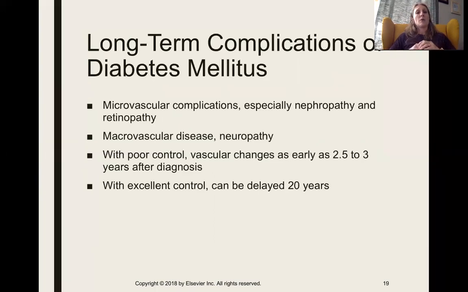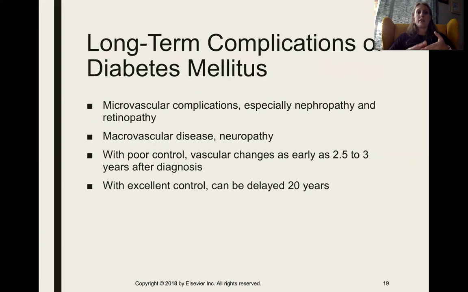So we're going to see problems with the kidneys, problems with the eyes, those areas that have that microvasculature, mostly due to the lack of blood flow to those areas. And it's described well when you think about it from a macrovascular perspective, but it's the same concept. So what happens is you get this buildup of proteins inside the vessel walls, and then those vessel walls become sticky, and so blood isn't able to flow.